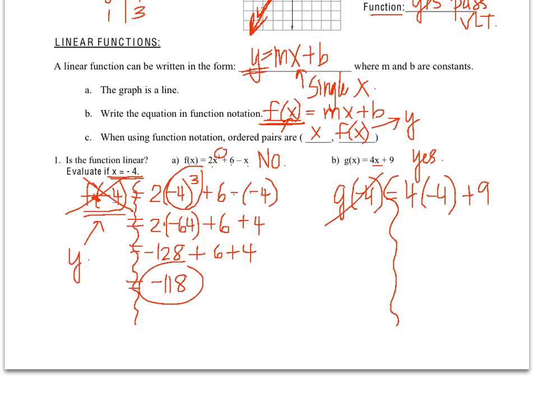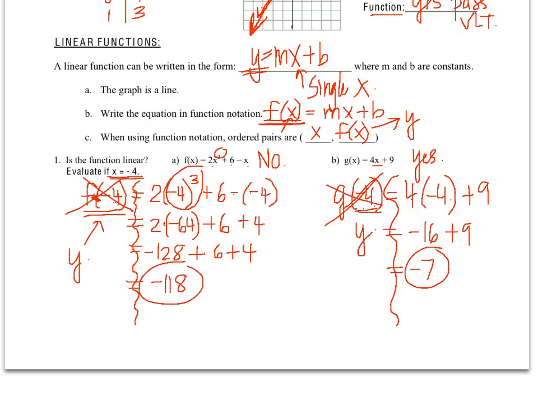And then I'm going to forget about this because this is really just y. So y equals, well, 4 times negative 4 is negative 16. When you add 9, you get negative 7. Okay? Again, this only means I plug in a negative 4 into my g equation. That's all it means. And the hardest part, again, is notation.